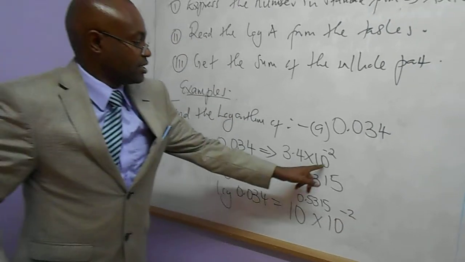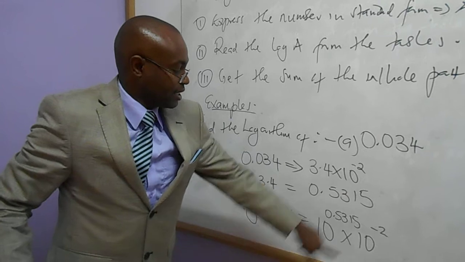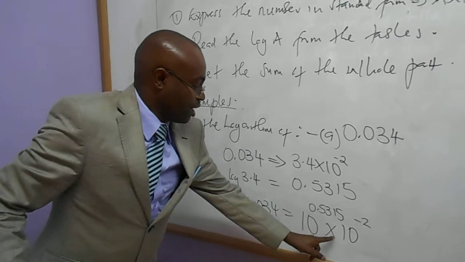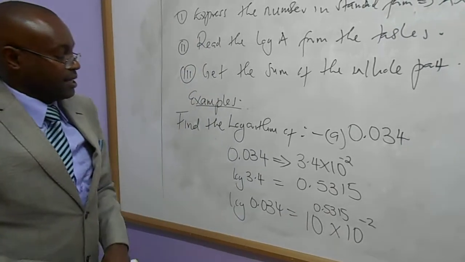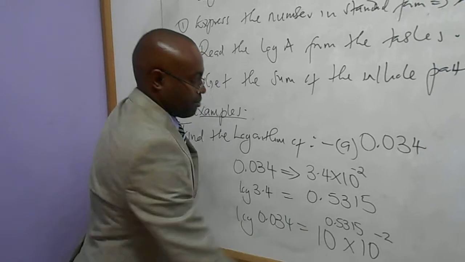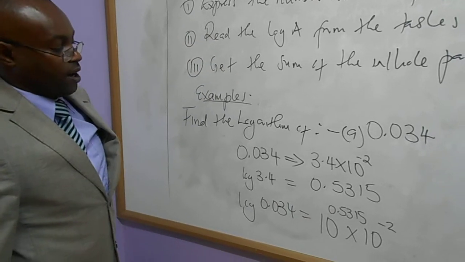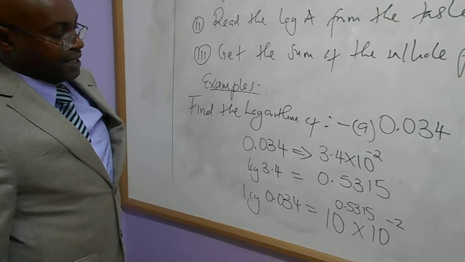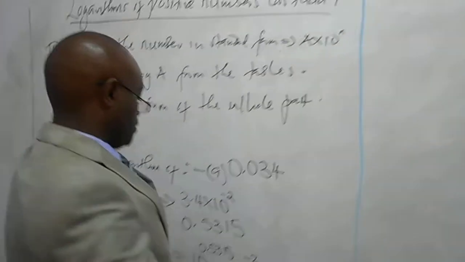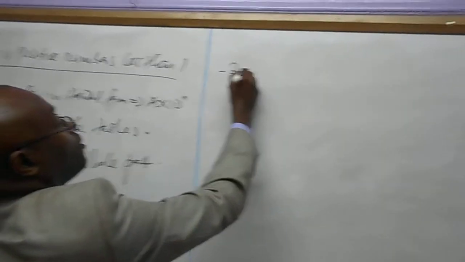Because we are multiplying, we just add the logarithms: negative 2 plus 0.5315.